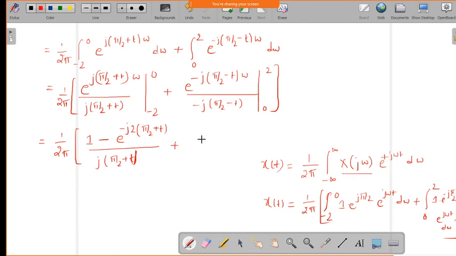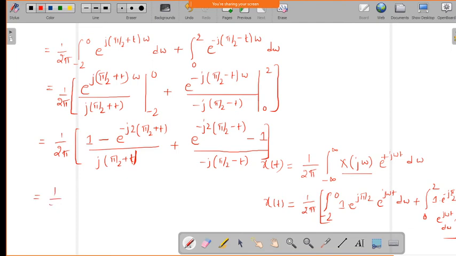Okay, plus, if you put the value, it will give e power minus j 2 into (pi/2 - t), minus 1, divided by minus j into (pi/2 - t).